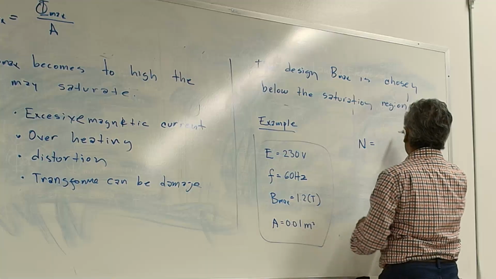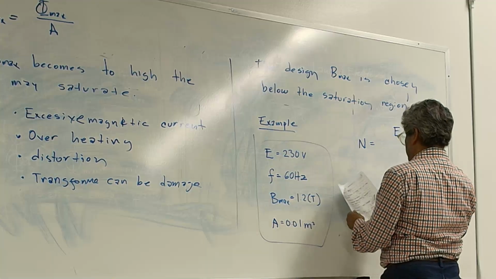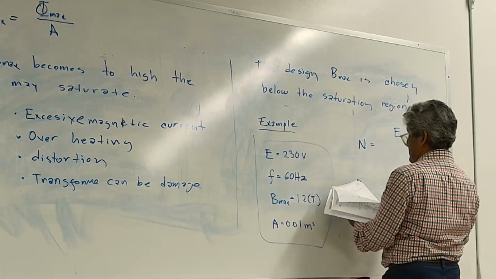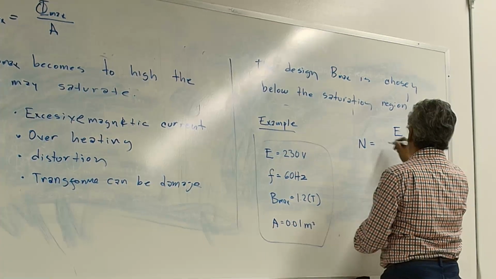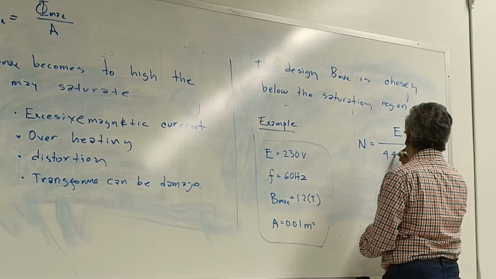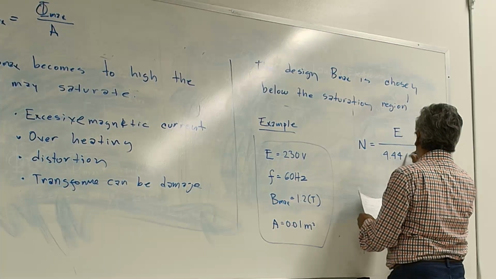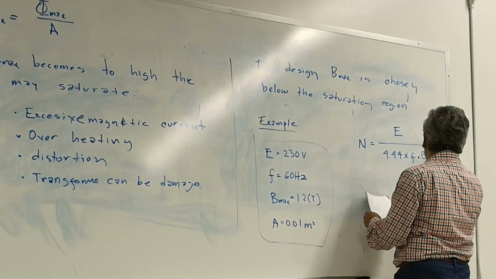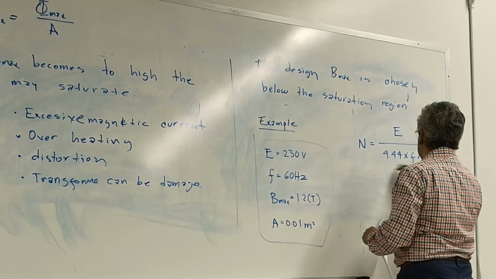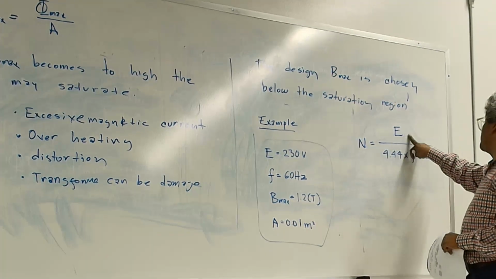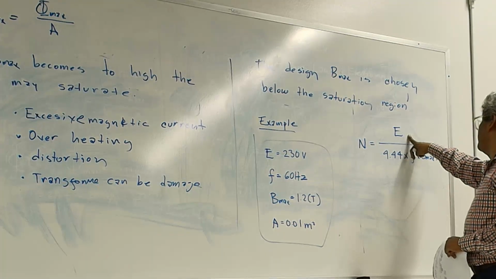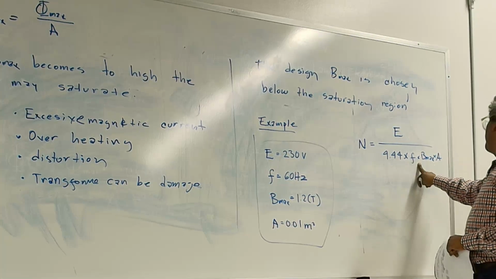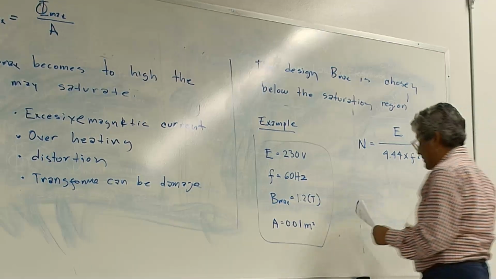And so the equation is E, hold on one second everybody, E divided by 4.44, I'll tell you what that comes from, times frequency times Bmax times A. So N, the number of turns, is equal to E, the voltage that I'm designing for, divided by 4.44 times frequency times Bmax times the cross-sectional area.